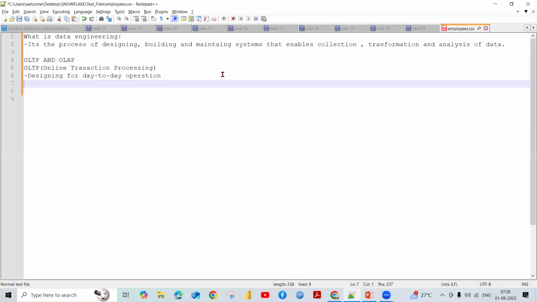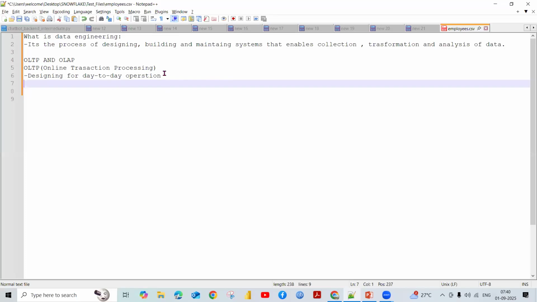The source data might be structured, semi-structured, or unstructured, but when the data exists in an RDBMS it's always structured data. So these two systems deal with structured data, right?